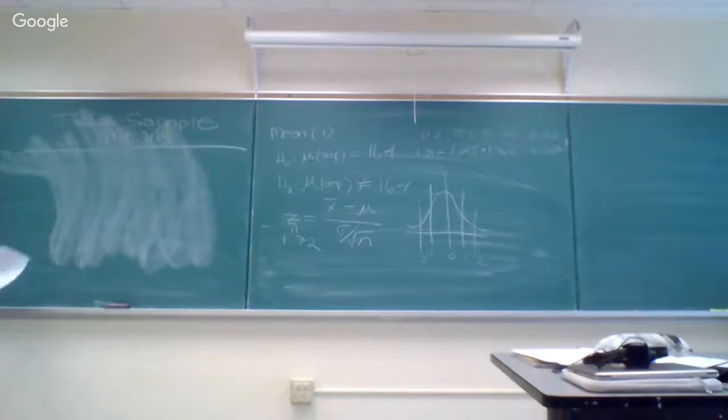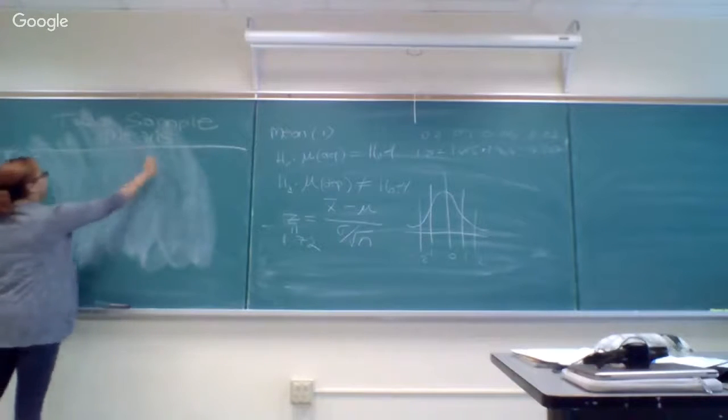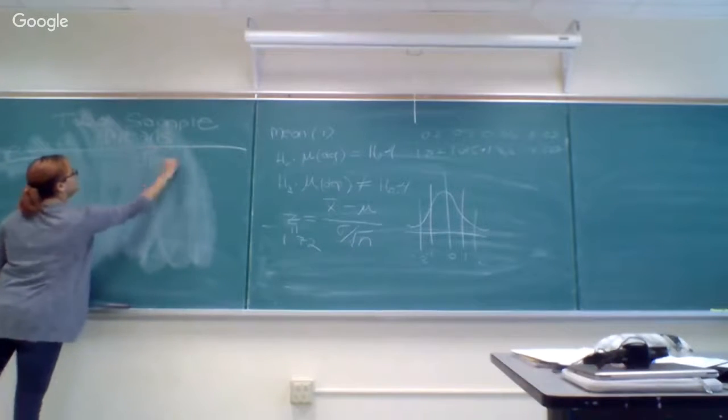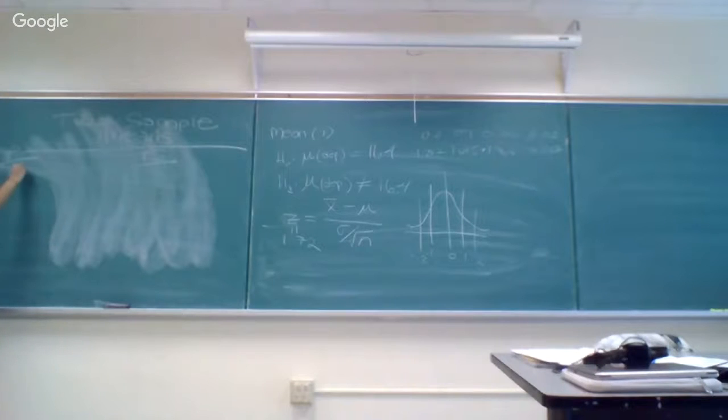So I'm going to set up the hypotheses just to show you the difference in the structure. So this is matched pair, and then this is 2 sample. For a matched pair, we have the mean of group 1 minus group 2.